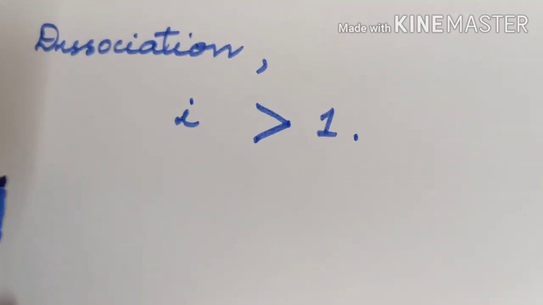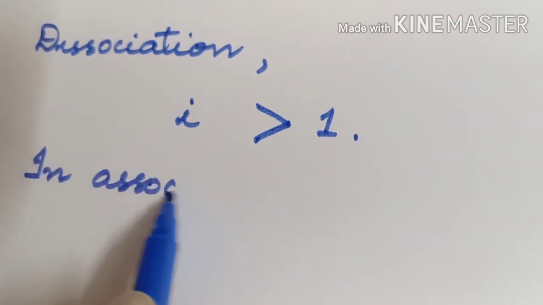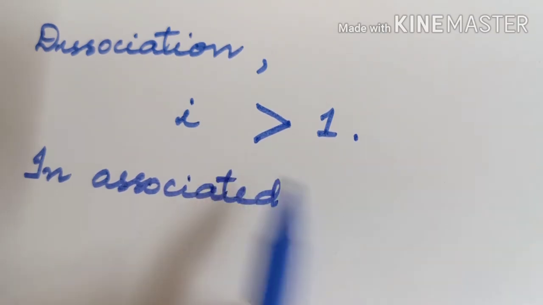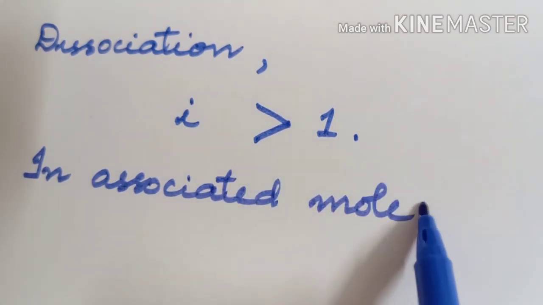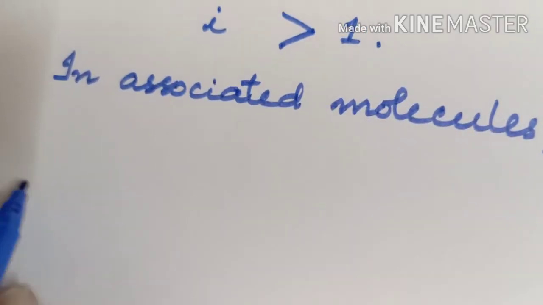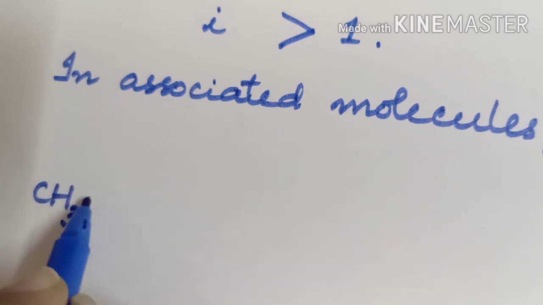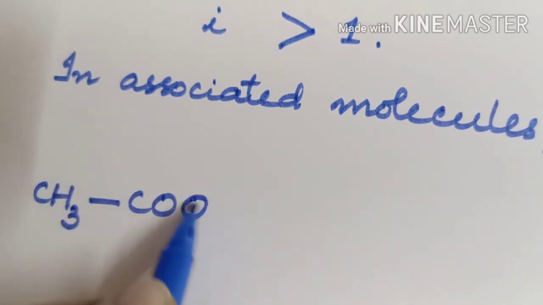Now we shall consider what happens during association in associated molecules. We take the example of acetic acid in benzene. Acetic acid has the formula CH3COOH.